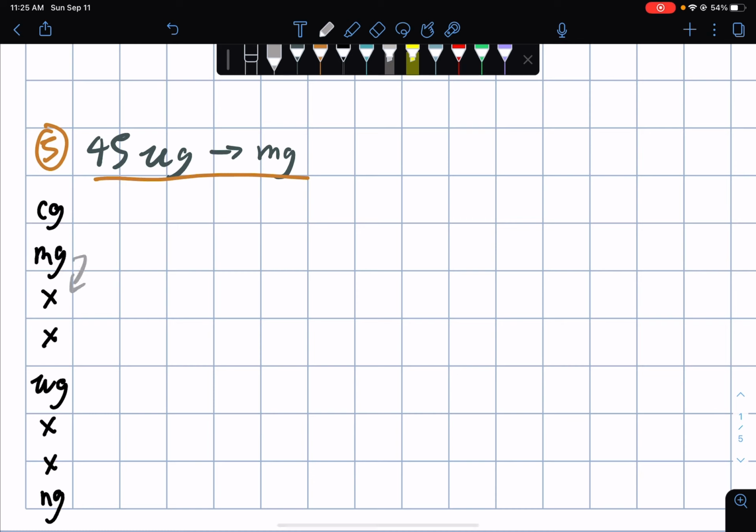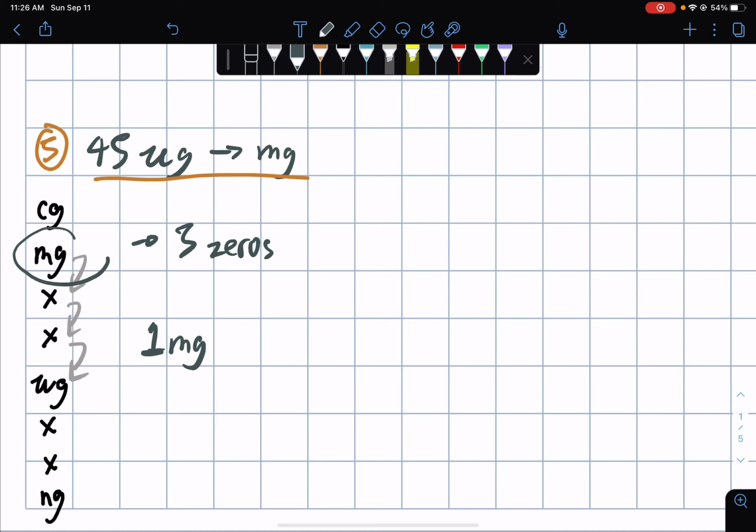From MG, so 1, 2, 3. We count how much their distance is. So we have 3. What's our value? Zeros. I mean our unit. 3 zeros. So from 45 UG, I'm sorry, from 1 MG, the unit that follows with the number 1 will always be the unit above.